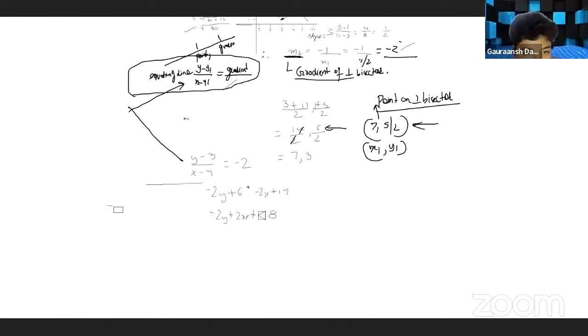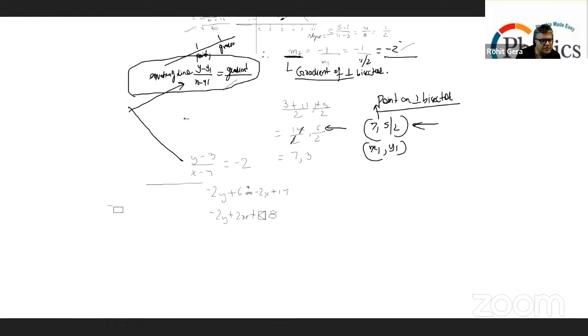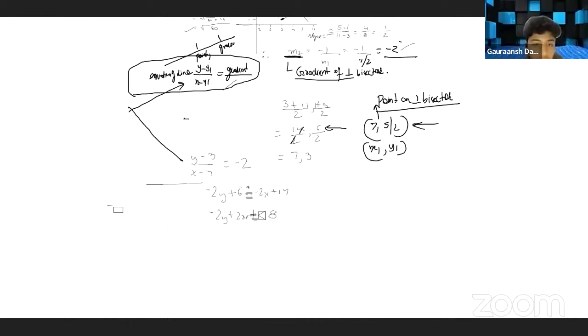So now minus 2y plus 2x plus 8. ठीक है. Solve करते जाओ. There is an equal to sign here, दिख नहीं रहा. I think the equal to sign got erased here, right?